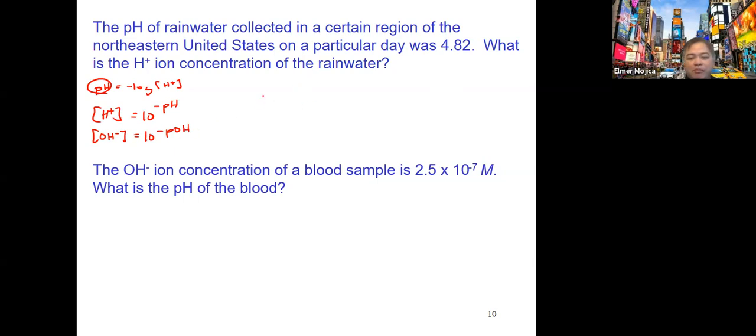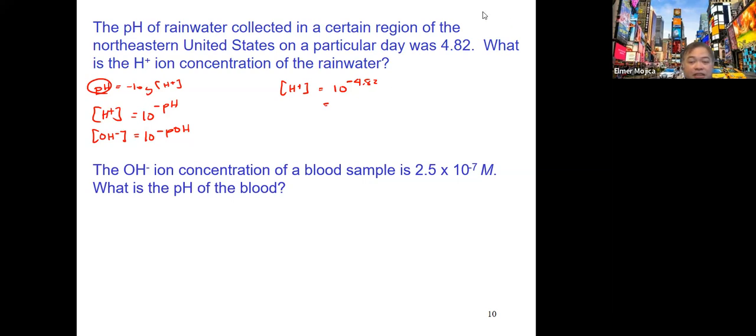So for this one, anong sagot dito? So we can, there's a certain rule that we need to follow, especially with significant figure.